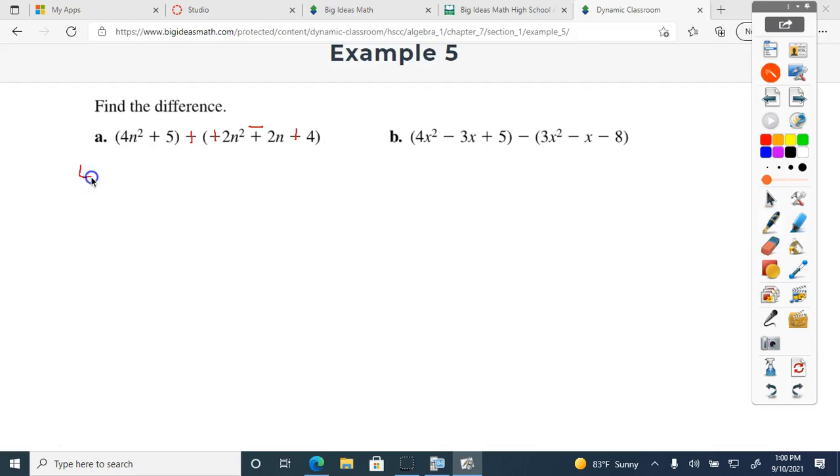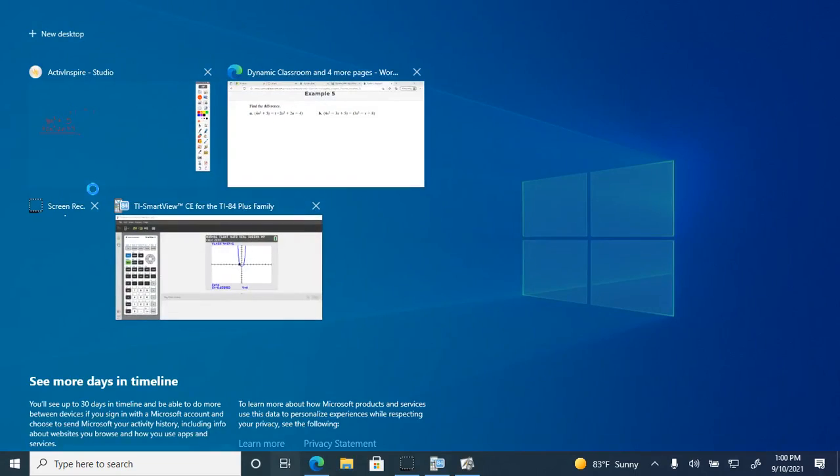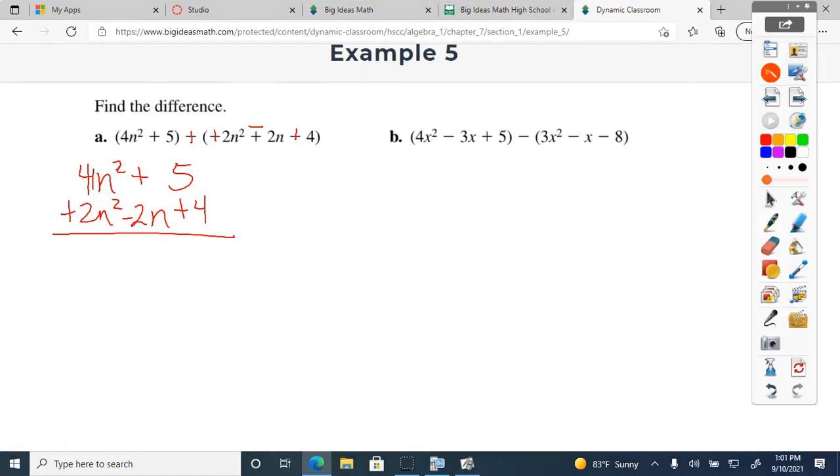So I can say 4n squared plus 5, and I'm going to have positive 2n squared right here, minus 2n, plus 4. Add them up. What is 4 plus 2? 6n squared minus, can I add 2n to anything? Just drop it down. 5 plus 4 is 9.